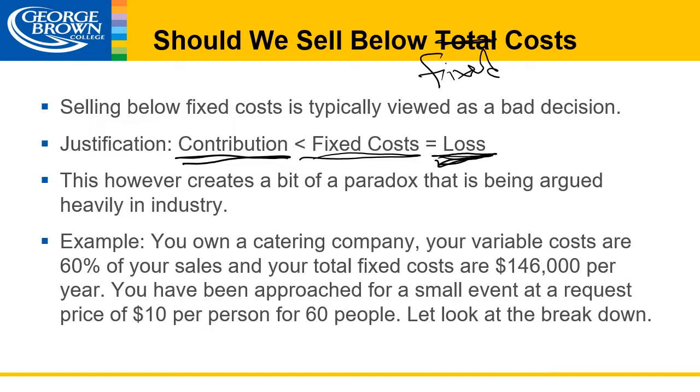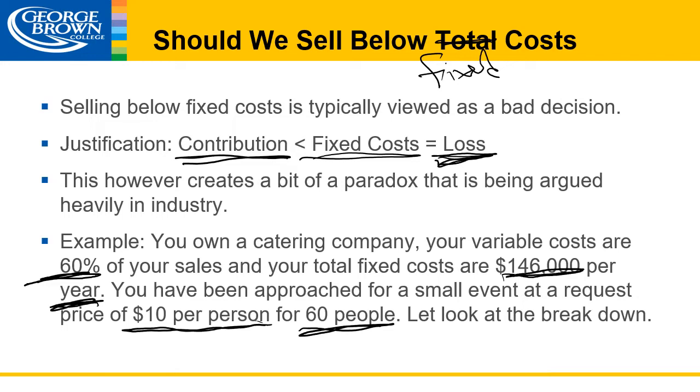Your variable costs are massive, 60% of your sales, and your total fixed costs are 146,000 per year. Okay. You've been approached by a small event that has asked for a $10 per person price for 60 people.